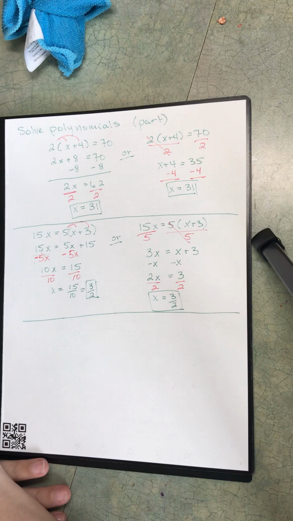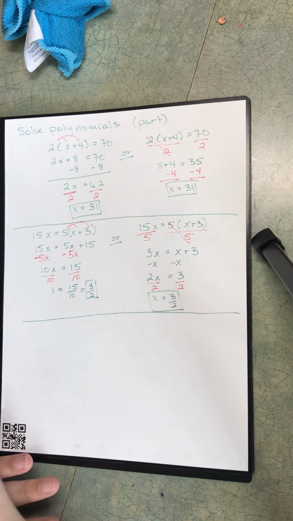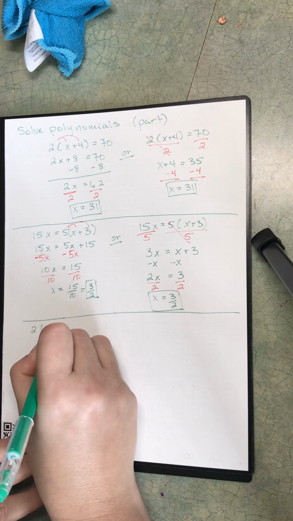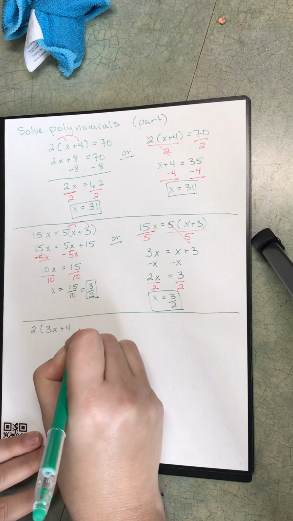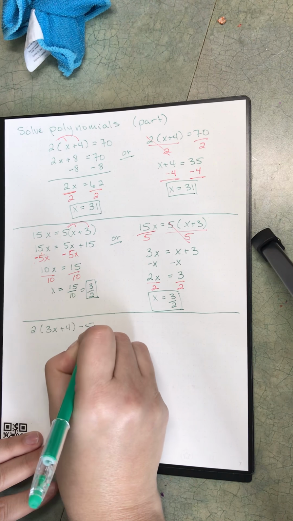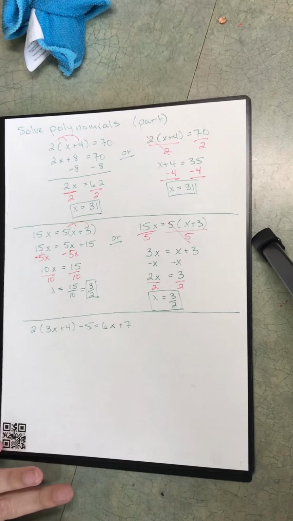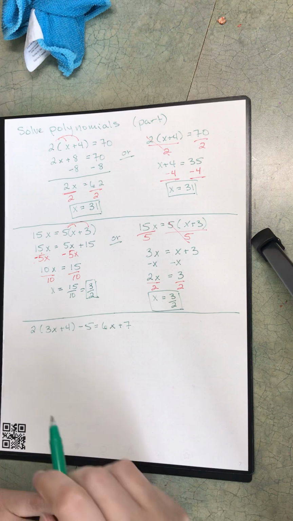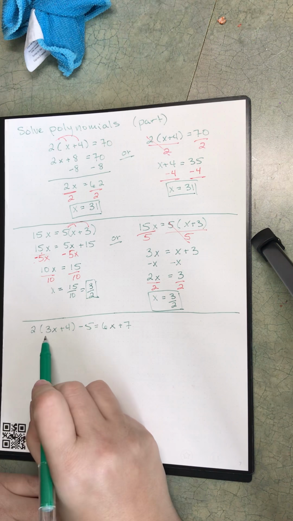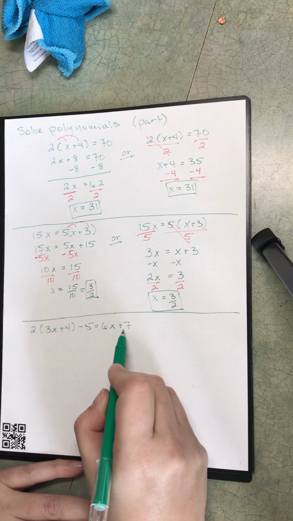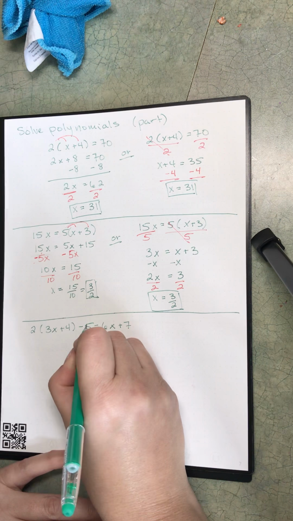All right, let's do another one. Okay, so this problem, 2 times parentheses 3x plus 4, minus 5 equals 6x plus 7. That is supposed to be a 5.